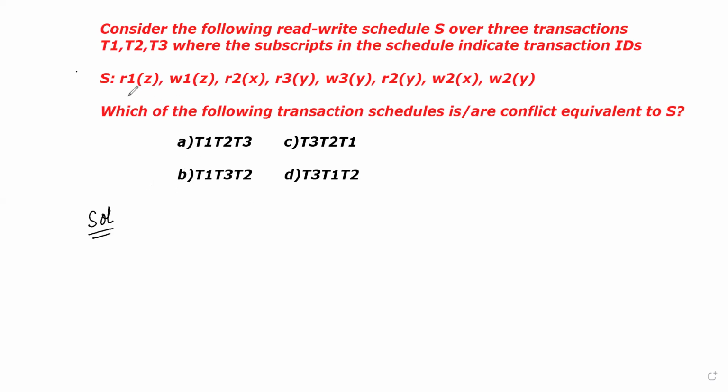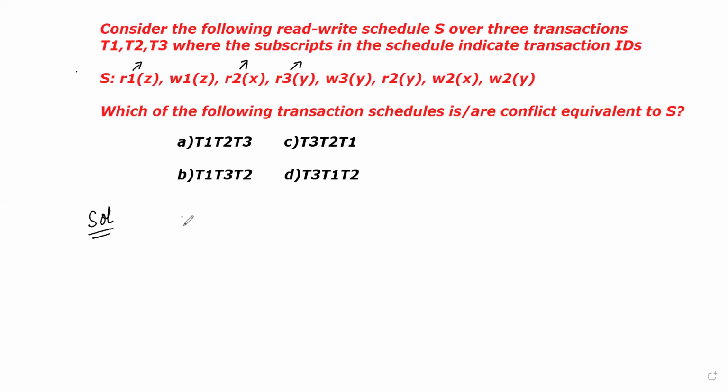Now you see they have given R1 of Z, W1 of Z, R2 of X, R3 of Y, W3 of Y. Remember there are three transactions. R1 of Z and W1 of Z belong to the first transaction, R2 of X belongs to the second, and R3 of Y belongs to the third.